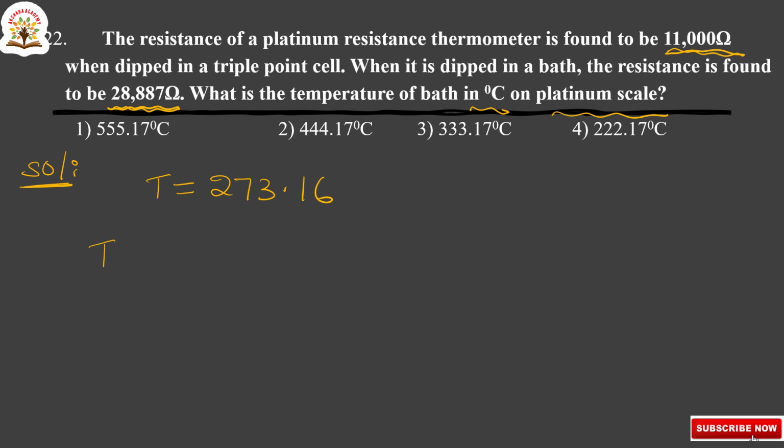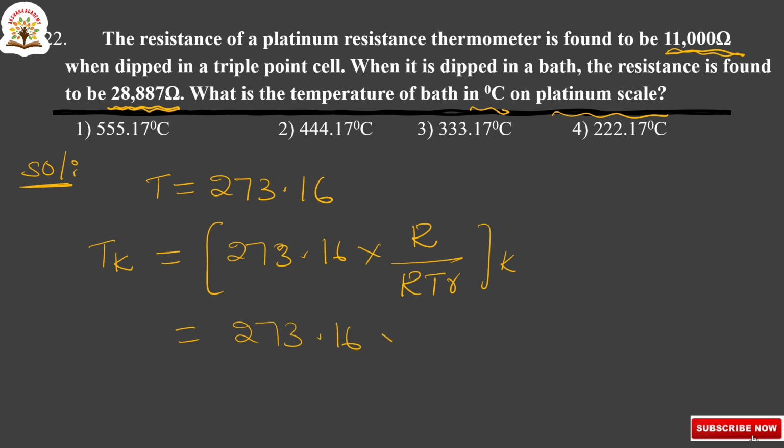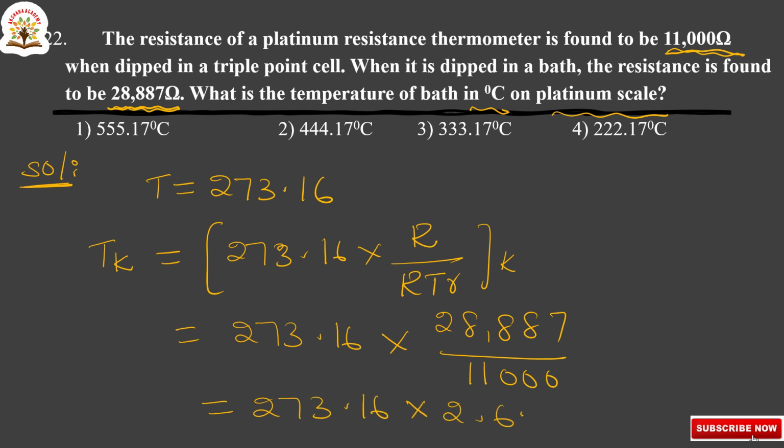Here triple point in terms of Kelvin, that is equals to 273.16 into R by R_TR into K. So that is equals to 273.16 into, here they given the resistance 28,887 by, here they given the resistance of the platinum resistance thermometer is found to be 11,000. So that is equals to 273.16 into 2.626.